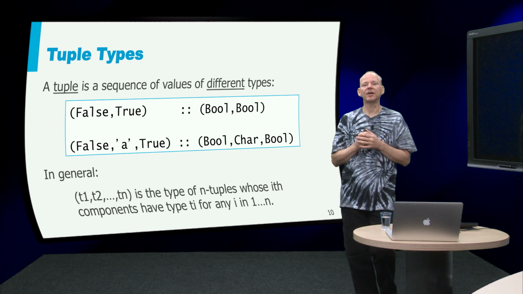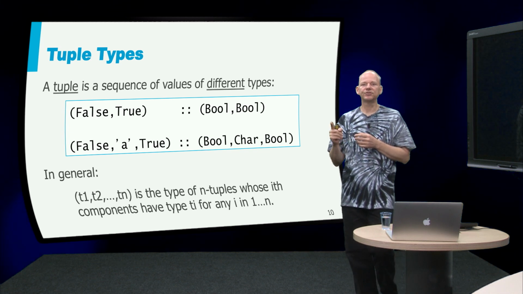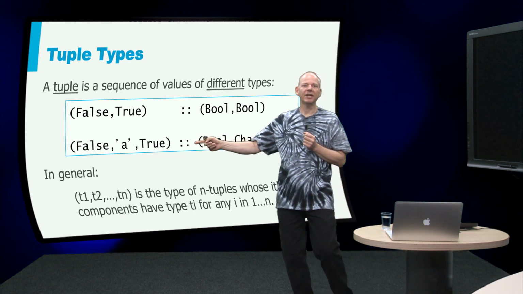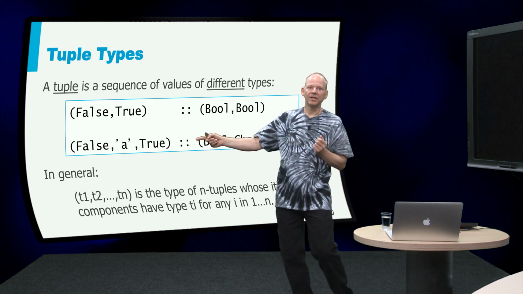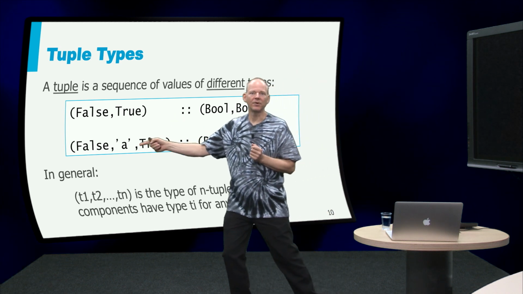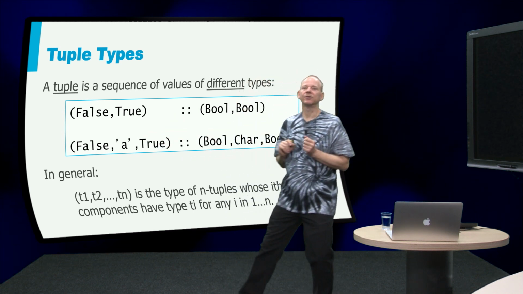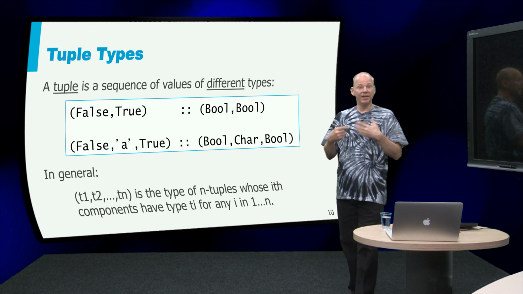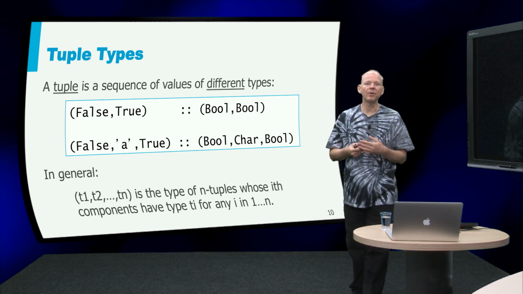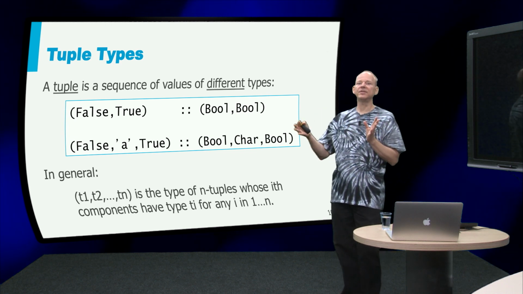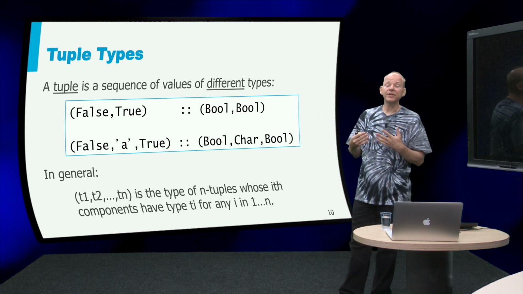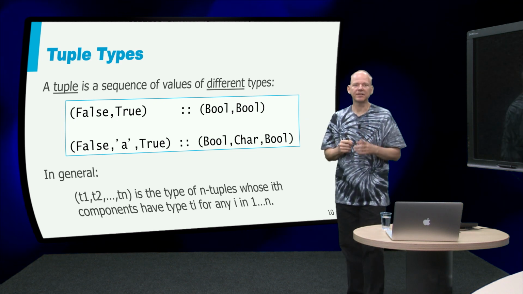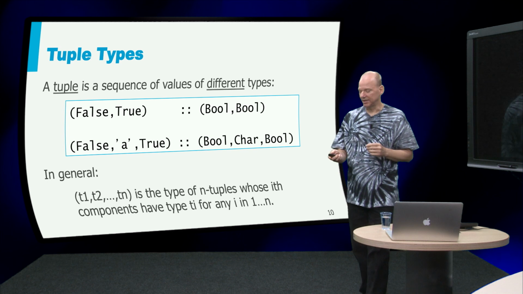Now the second example there has type (Bool, Char, Bool). And what you see here is that it contains three values. One is a boolean, the second one is a character, and the third one is a boolean again, and that's reflected in the type. And in general, if we have a tuple of type (T1, ..., Tn), that's the type of a tuple that has n values of each respective type T1 up to Tn.